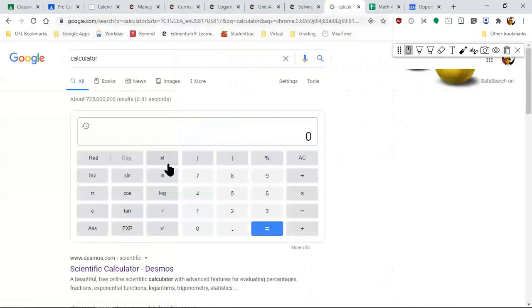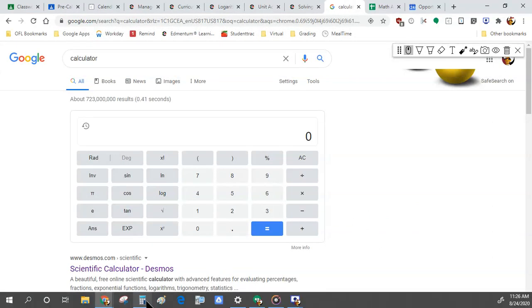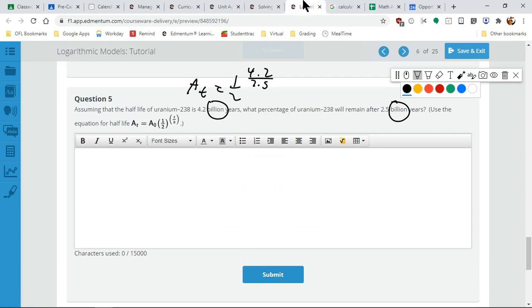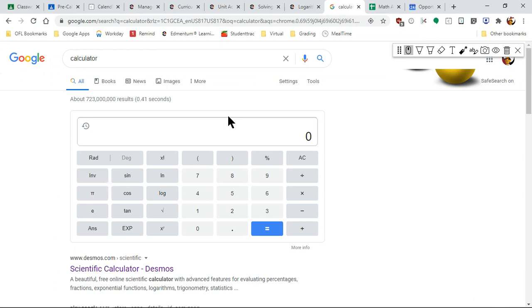I'm using the Google calculator because I know all of you have access to it. I don't want to use this big old calculator because you might not have access to it. If you want help using your own calculator, let me know, and I can always cover it.